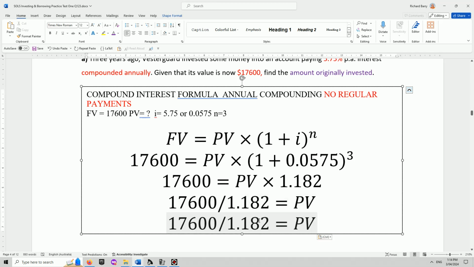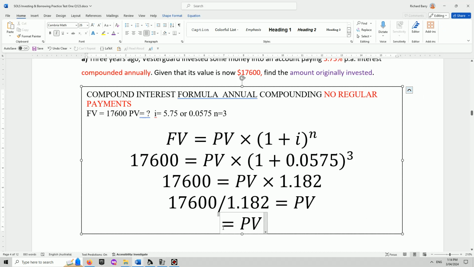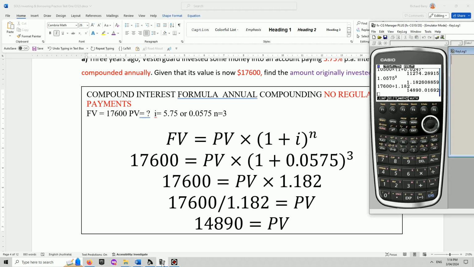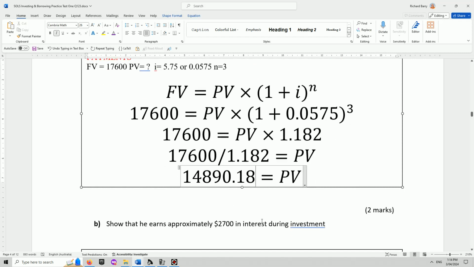Just doing these steps to avoid errors. 17,600 divided by 1.18 is going to be almost the same number, equals 14,890 and 18 cents. Okay, well, maybe.